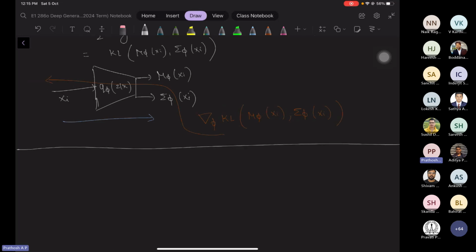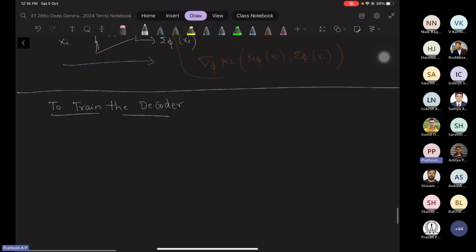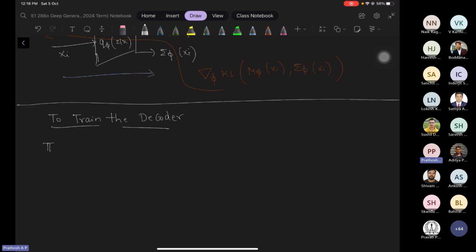Now to train the decoder, how do we train the decoder? So the first thing to be seen is that the second term, the KL term, is independent of decoder parameters theta, right?